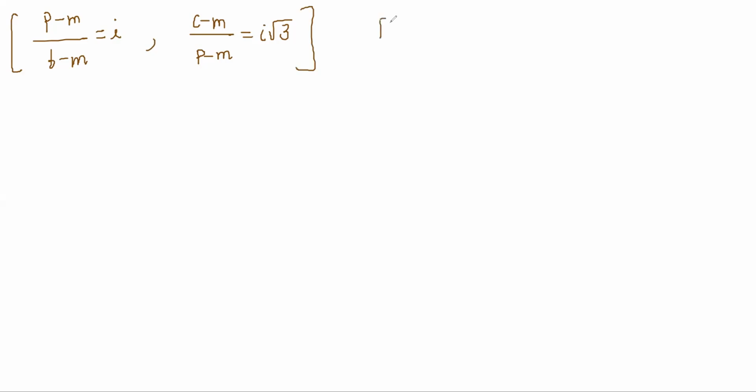Find P in terms of B and C, right? So how will we find P now from here? Basically eliminate M, no? You have to eliminate M to find P, right?